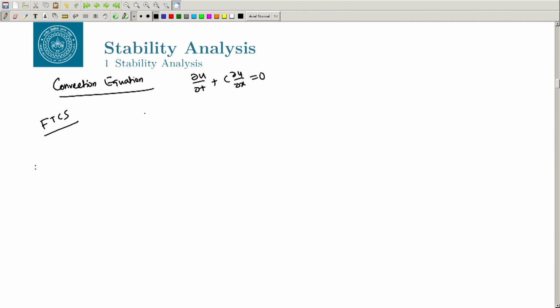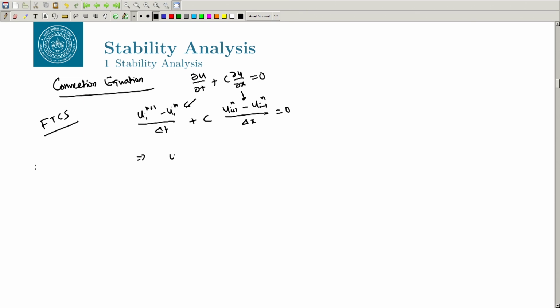So, this can be written as u I n plus 1 minus u I n by delta t, our temporal term, plus c times u I plus 1 n minus u I minus 1 n by delta x equal to 0, that is the discretization of your second term, the convection term.